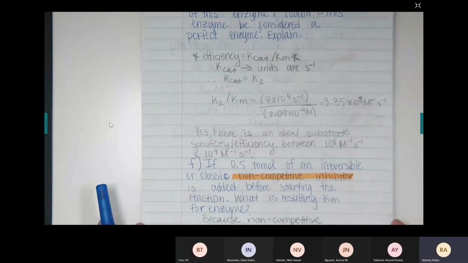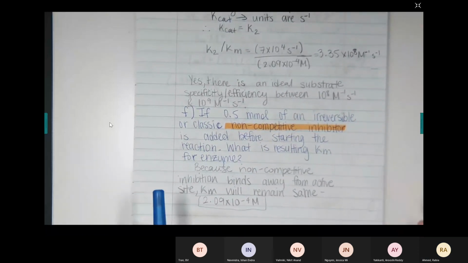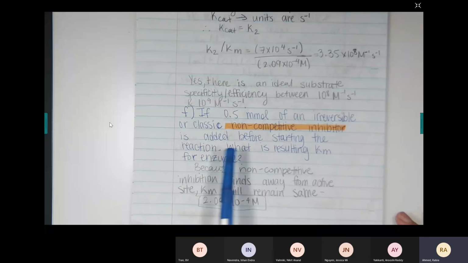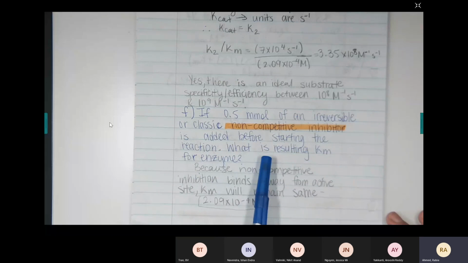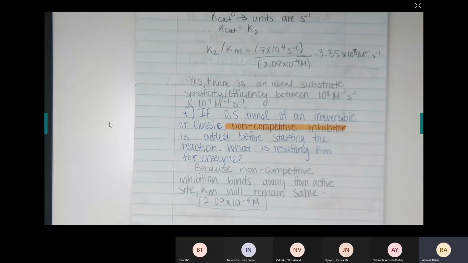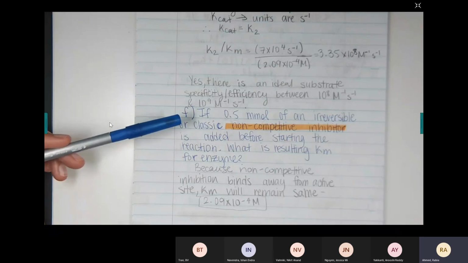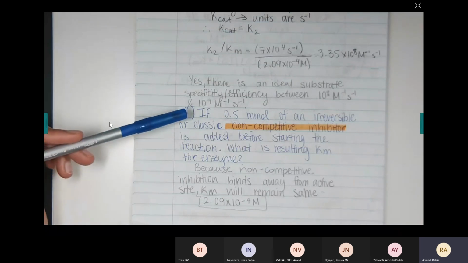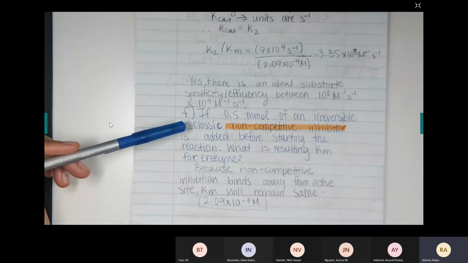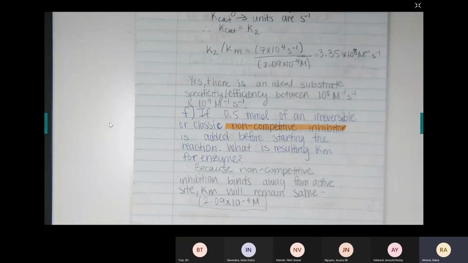I will move on. If 0.5 millimolar of an irreversible or classic non-competitive inhibitor is added before starting the reaction, what is the resulting Km for the enzyme? I don't know if you guys have memorized the non-competitive, competitive, uncompetitive, and mixed inhibitors, basically how they change on the Lineweaver-Burk plot and if they bind on the active site or allosteric.